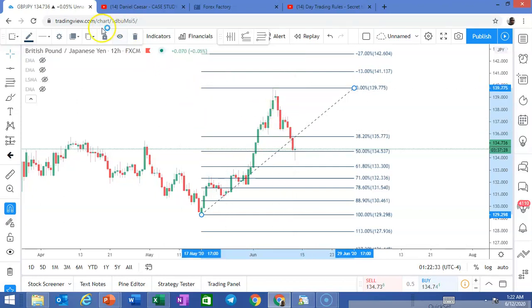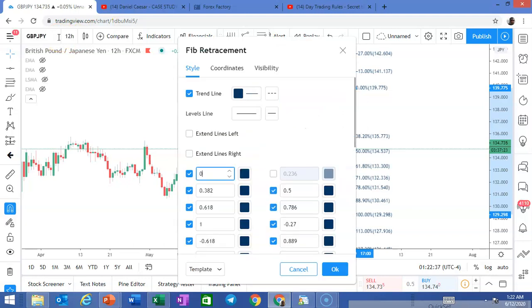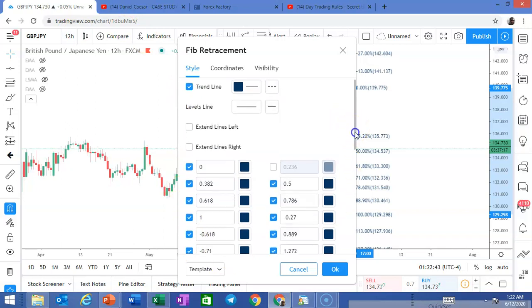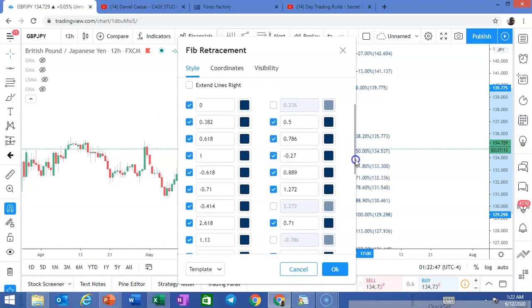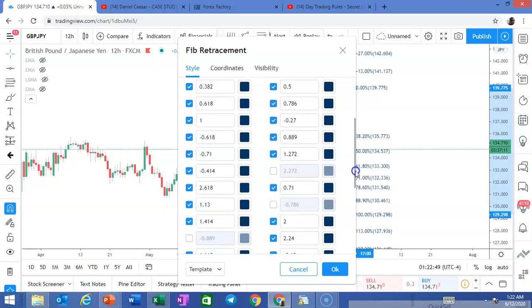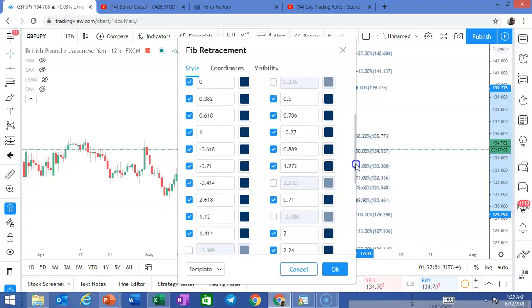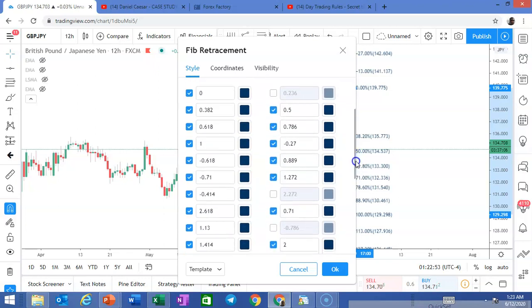Now, I do want you to take a screenshot of these levels so that you can set them up in your TradingView account.